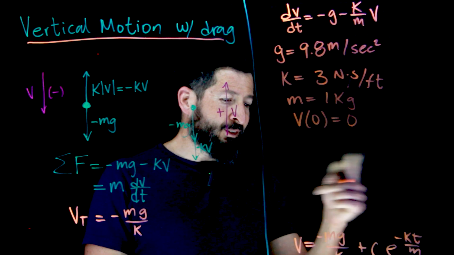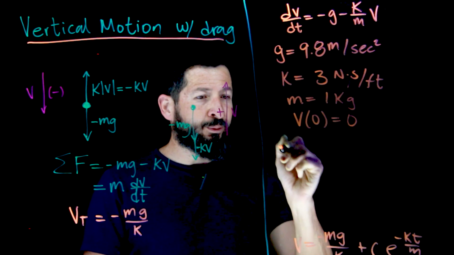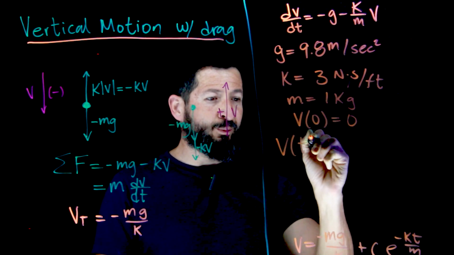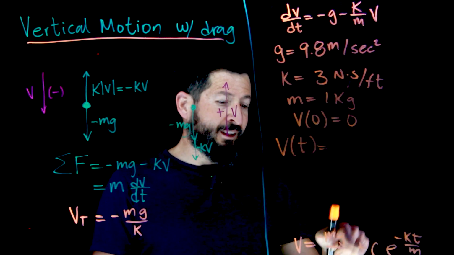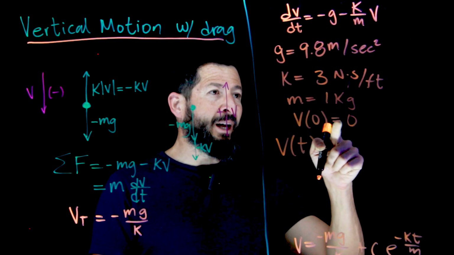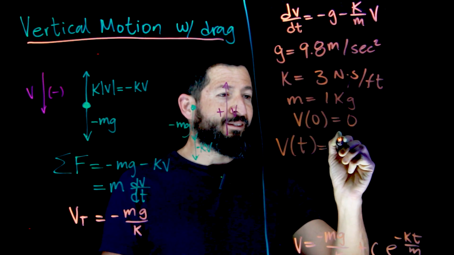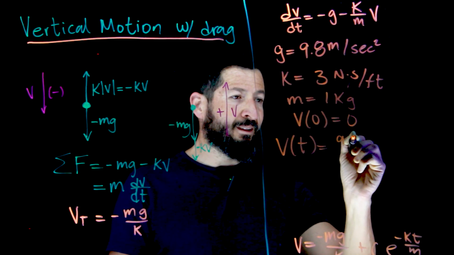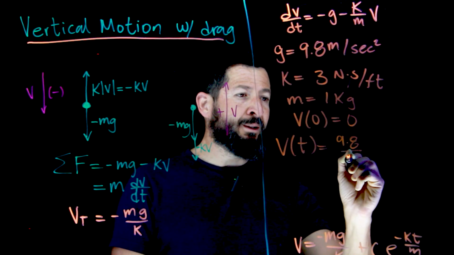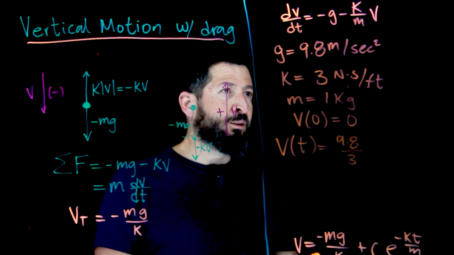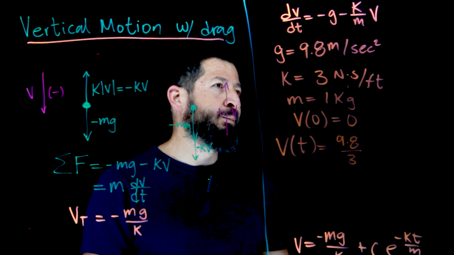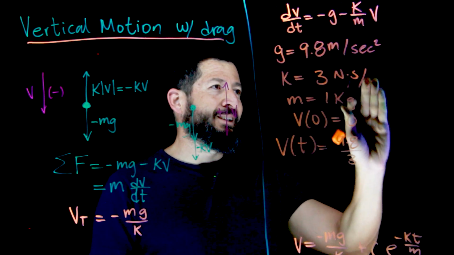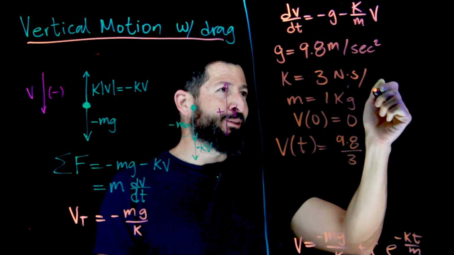And so once you solve this differential equation, you will find that the velocity is given by this equation, which is going to be mass, which is 1, times 9.8 divided by 3. And all this should be now in per feet. I said international system, dude.